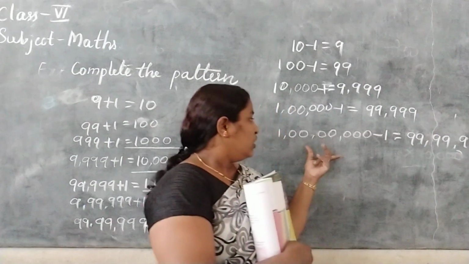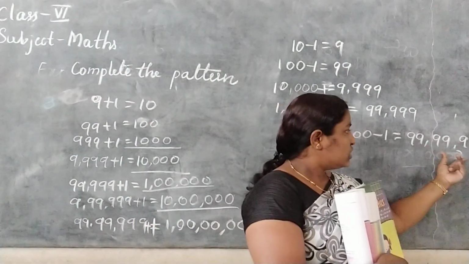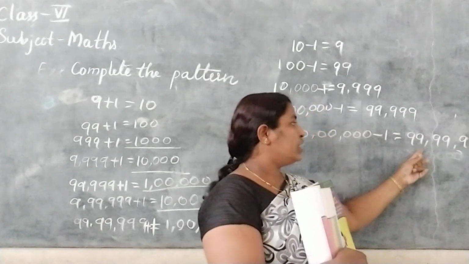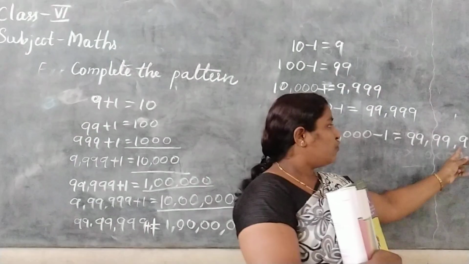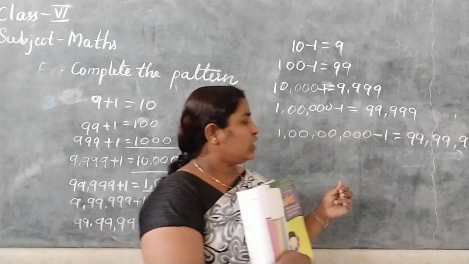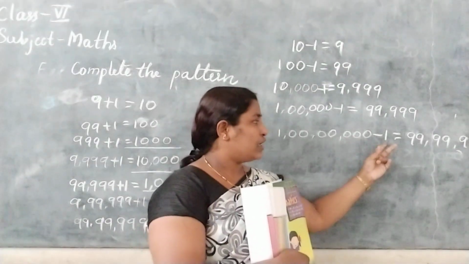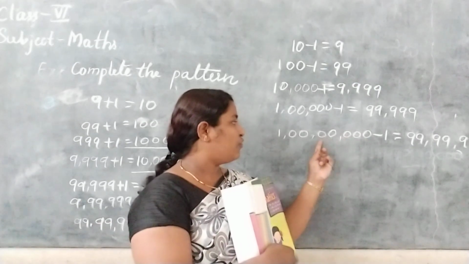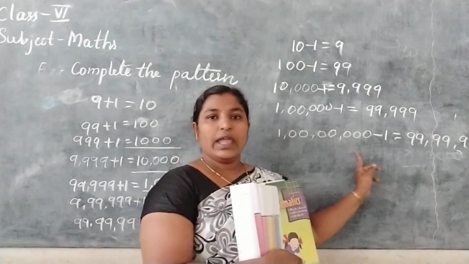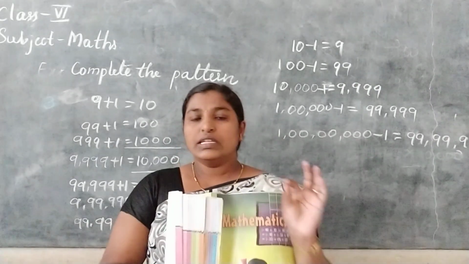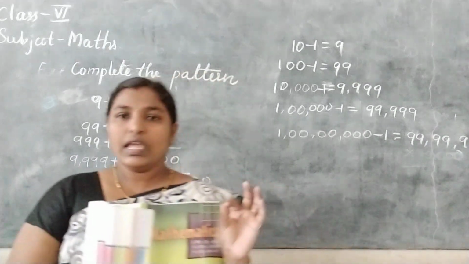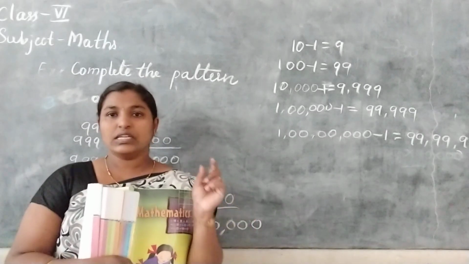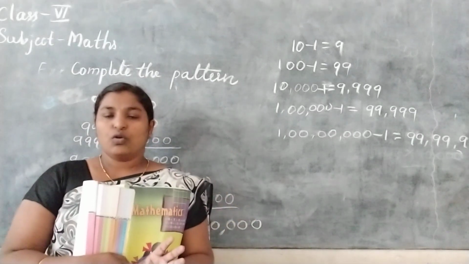So for the 7-digit number, if we add plus 1, we will get an 8-digit number. See, 1, 2, 3, 4, 5, 6, 7, 8. So the 8-digit smallest number is 1 crore.